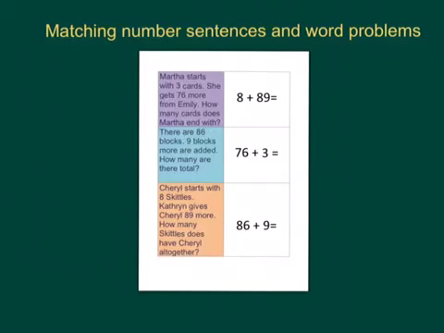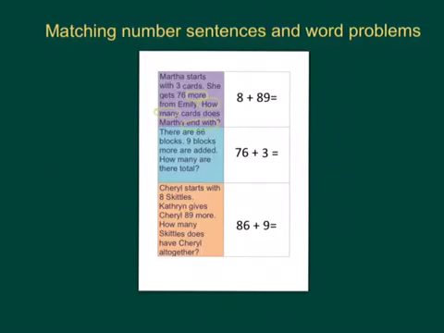Let's go through and highlight the key information and the key words that tell us what to do. Martha starts with 3 cards. She gets 76 more. Okay, more is telling me that it needs to be addition. How many cards does Martha end with?